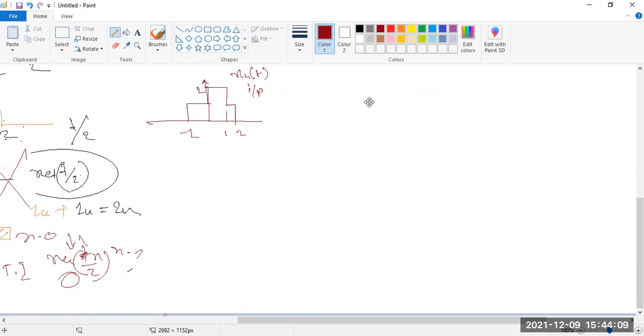Okay, only 10 minutes left, but we have to hurry. If I break this part in such a way that it is x1 of t, that is your original signal, coming this way, that is 1, and that is 2. Sorry, this looks like the opposite direction.